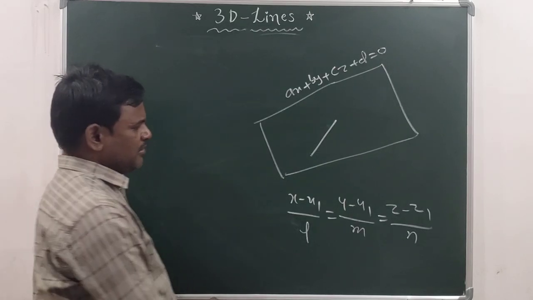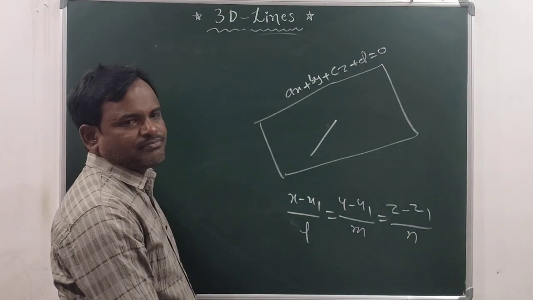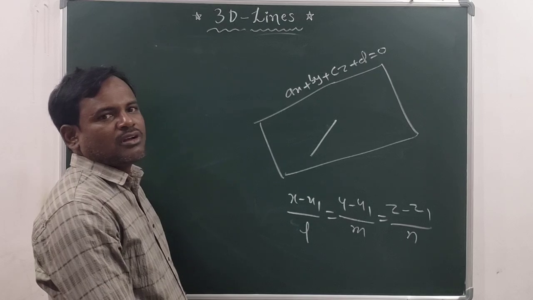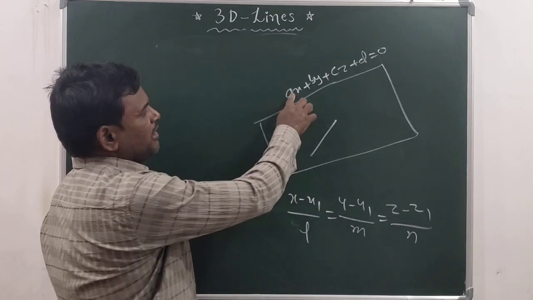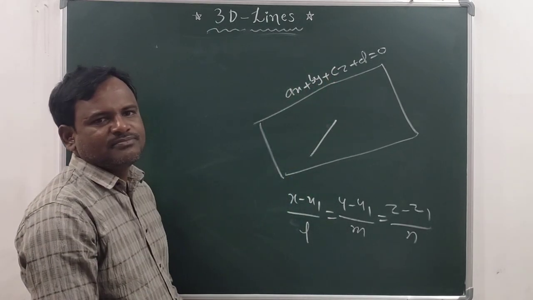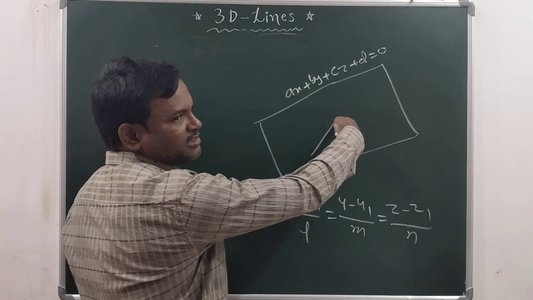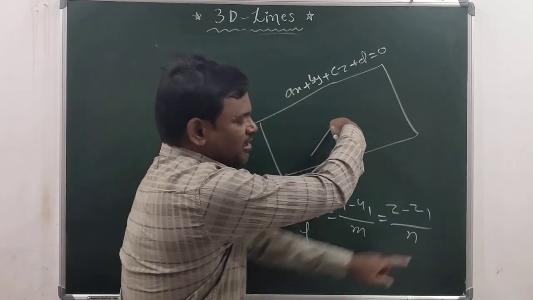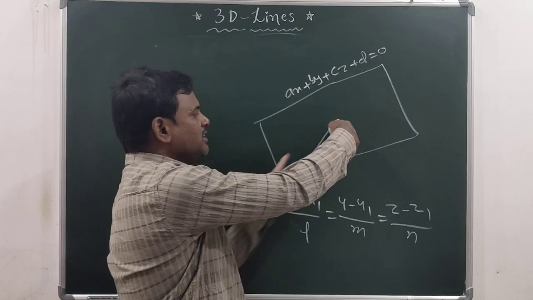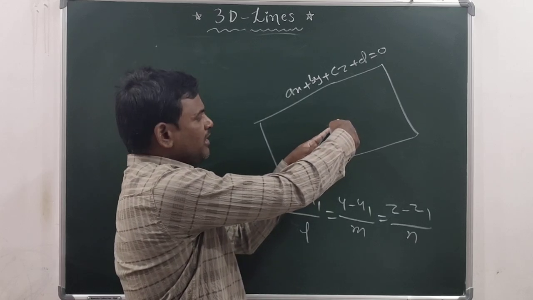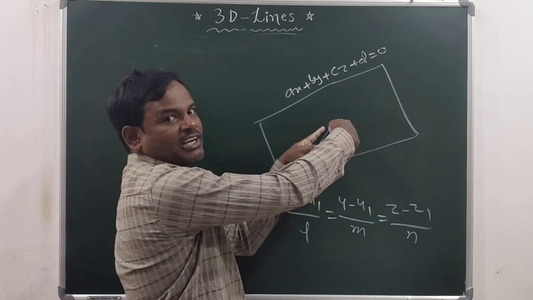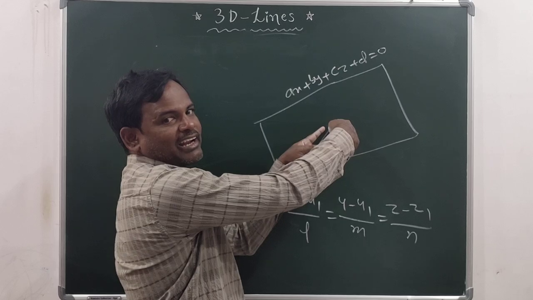Okay. Right. Now see. Here, A, B, C are called what? DRs of whose normal? Like this. This l, m, n are called what? DRs of this line. If it is theta, theta is the angle between the line and the plane.